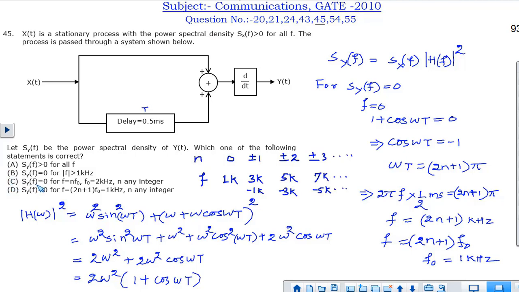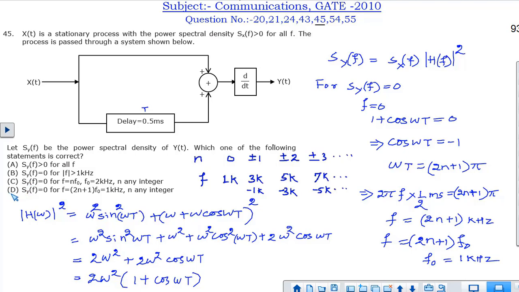Next, coming to option C. In option C, Sy of f equals 0 at f equal to n f naught, where f naught equals 2 kilohertz. Simply, this is the condition which says the frequency is an even integral multiple of f naught, but we have already found out that only at odd integral multiples of f naught does Sy of f become 0, so this option is also not correct.